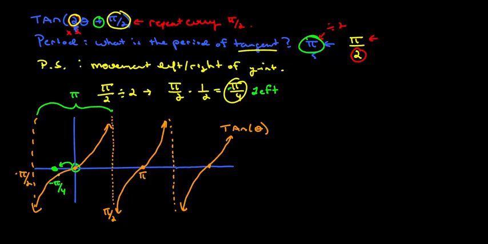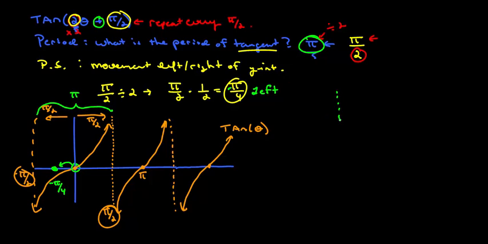So negative pi over 4, it's got to repeat itself every pi over 2, which means that I need to go to the left or right by half of that distance, right? So before, this normal movement over here was by pi over 2, and then this normal movement was by pi over 2 as well, which is why we got negative pi over 2.